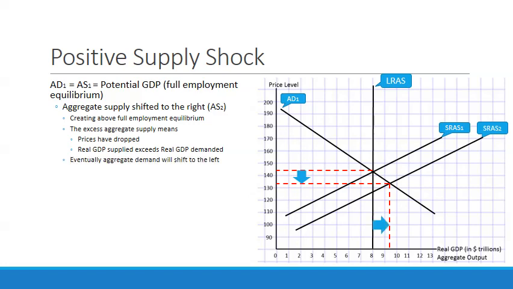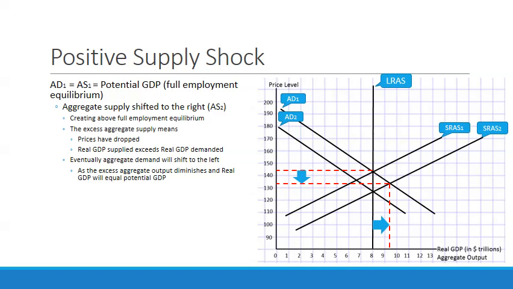So eventually aggregate demand will respond and it will fall, shifting to the left. And you'll see that we're creating now a new full employment equilibrium, but it's at a lower price level. So as the excess aggregate output diminishes, real GDP will equal potential GDP.